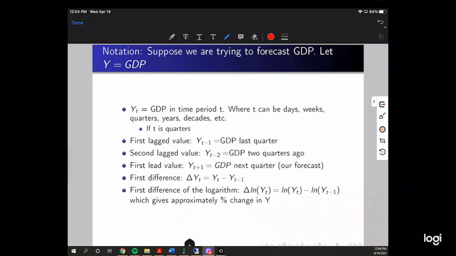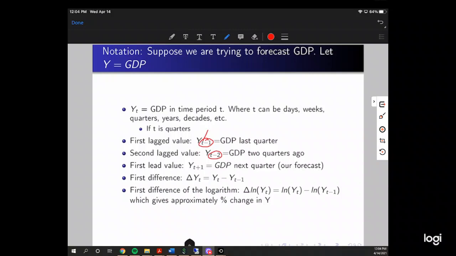Y_t equals GDP in time period t, where t can be days, weeks, quarters, years, decades, etc. If t is quarters, so we're measuring GDP in quarters, the first lagged value, or t minus 1, is GDP last quarter. The second lagged value, t minus 2. So let's make this really concrete.